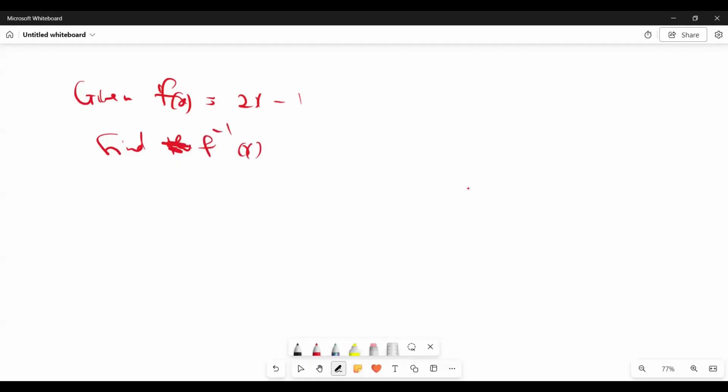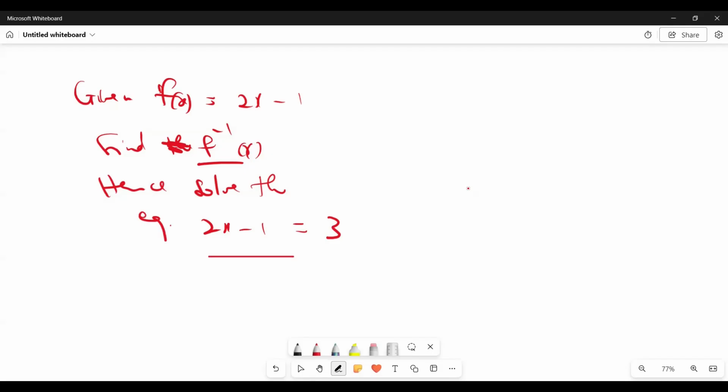Hence, solve the equation 2x minus 1 equal to 3. Good. So what's going on here? So let me start with why is it they're telling you find the inverse and then solve this equation?